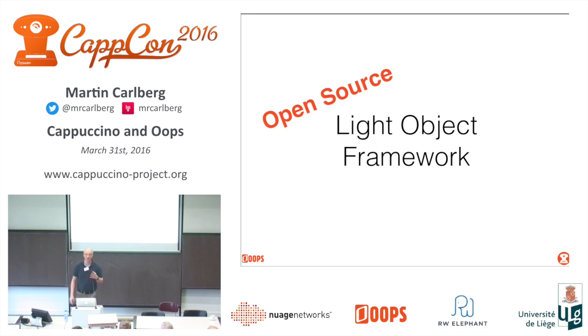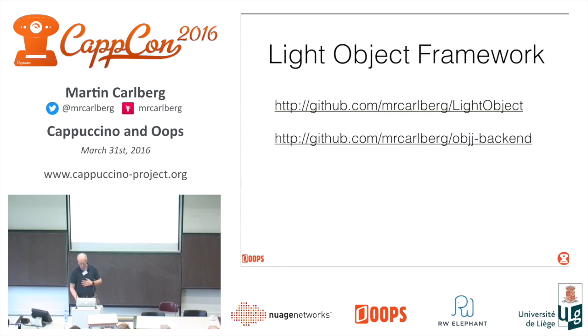And the backend I did for this is also open source. I was not able to put it on GitHub yesterday because my Wi-Fi at the hotel was terrible, so I will do that later today. And this is where they are at the moment. We haven't decided where to put them yet, so okay, thank you.